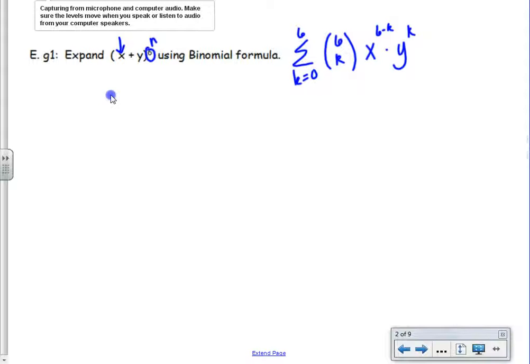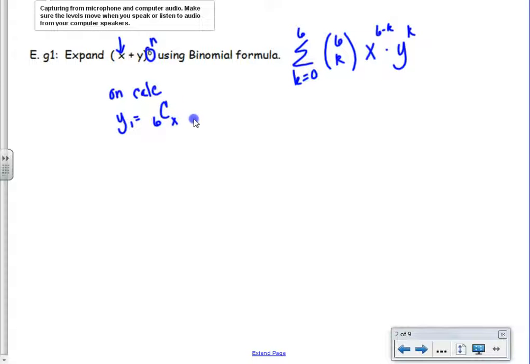Now, on my calculator, this is where it gets kind of exciting. I'm going to go to the y equals menu, and write this down on your paper before we actually go ahead and set this up. On my calculator, we're going to set up y equals 6 combinations of x.